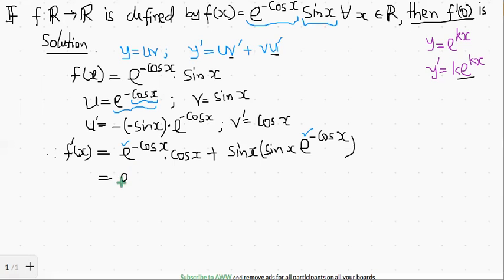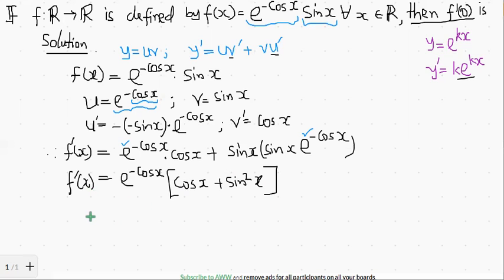So we're going to factor out e to the power of negative cos x, times cos x plus sine squared x. All right, so here is the final derivative of f, the first derivative of f of x.